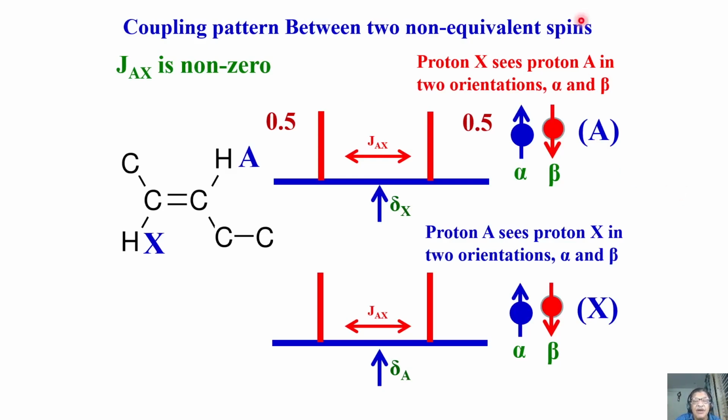So when one spin splits into a doublet, the intensity comes down by half. Although the two peaks appear equal, in a 1:1 ratio, compared to the one without coupling, it has reduced by 50%. Same way, the intensity of the A peaks is also reduced by half. So that's why we get 2 peaks for this and 2 peaks for this.